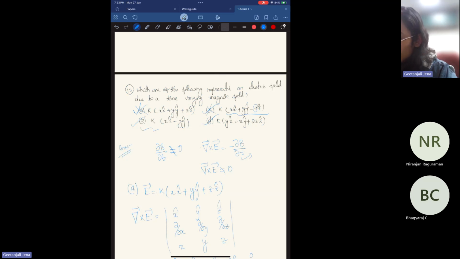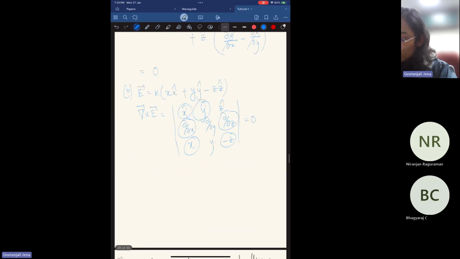The second option is x cap minus y cap. This is also 0 because it is similar to what we have in the other options, only there is no z term here.